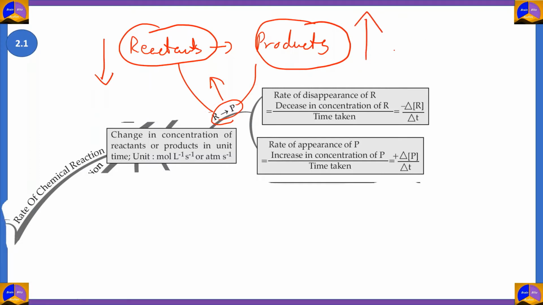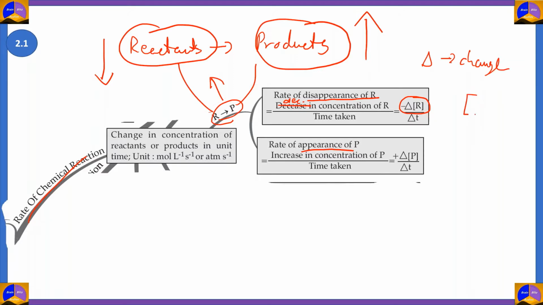So to find out the rate of a chemical reaction, we can either calculate the disappearance of the reactants or the appearance of products. So we can take the decrease in concentration of the reactants and divide it by time. So that is negative delta R divided by delta T. Delta represents change. So delta R is the change in concentration of reactants.